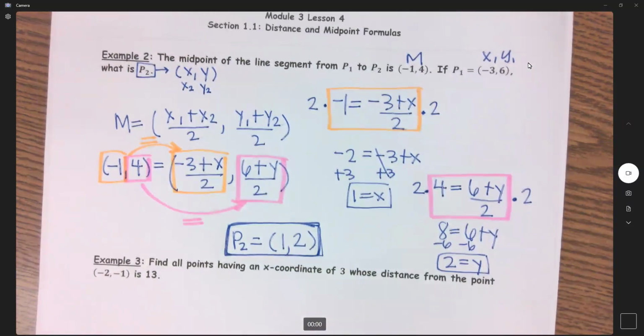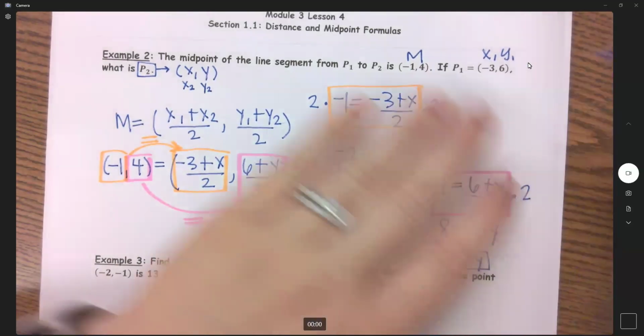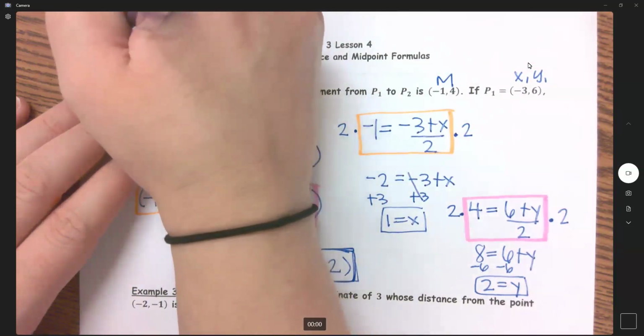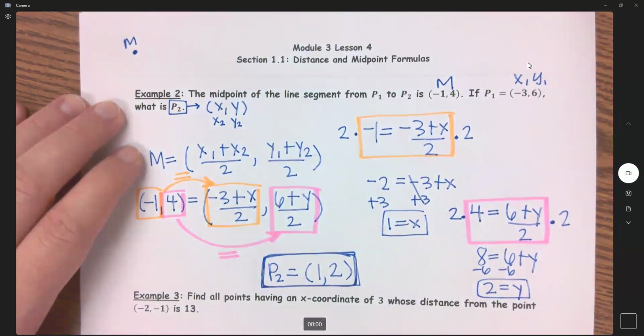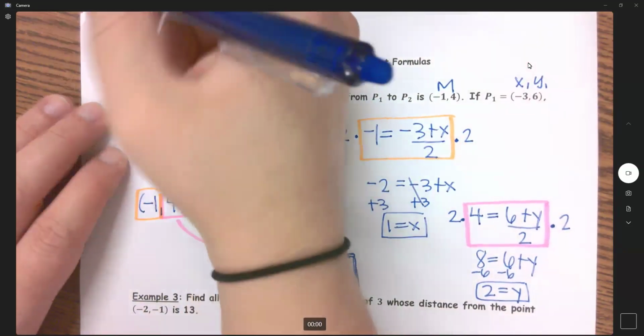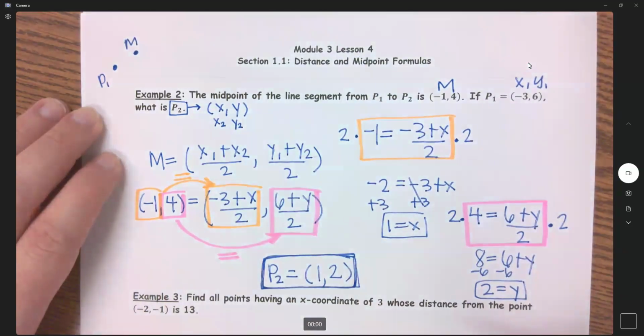Okay, and I probably should have explained what we were doing to begin with before we started this. So I'm sorry about that. But what we had was my midpoint. If I draw it kind of up here, I knew what my midpoint was, and I knew my P1 over here.